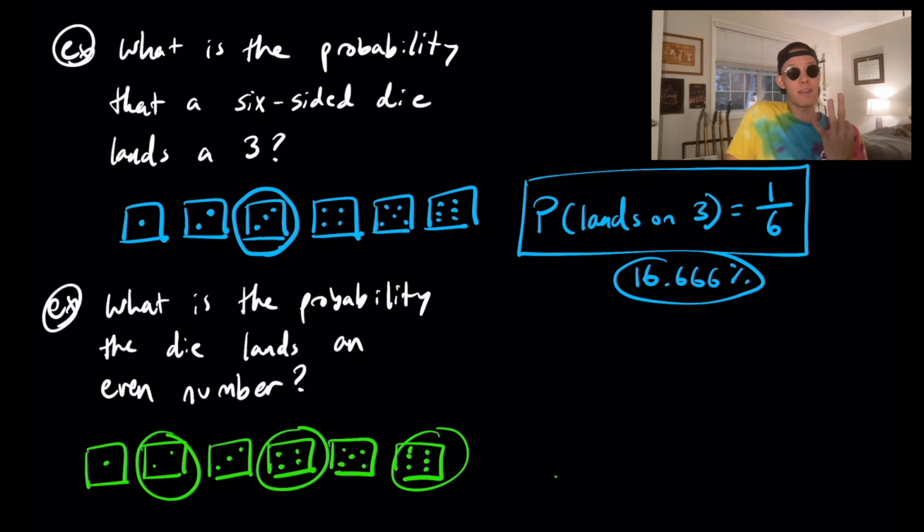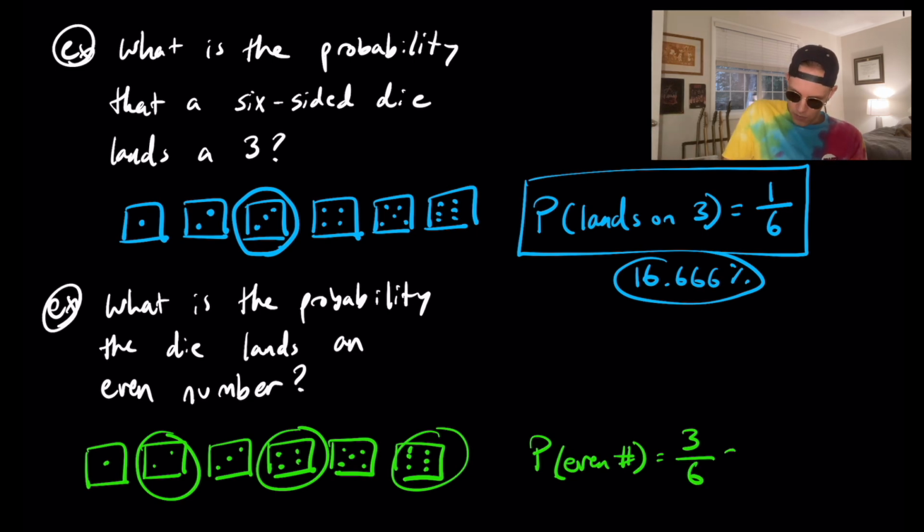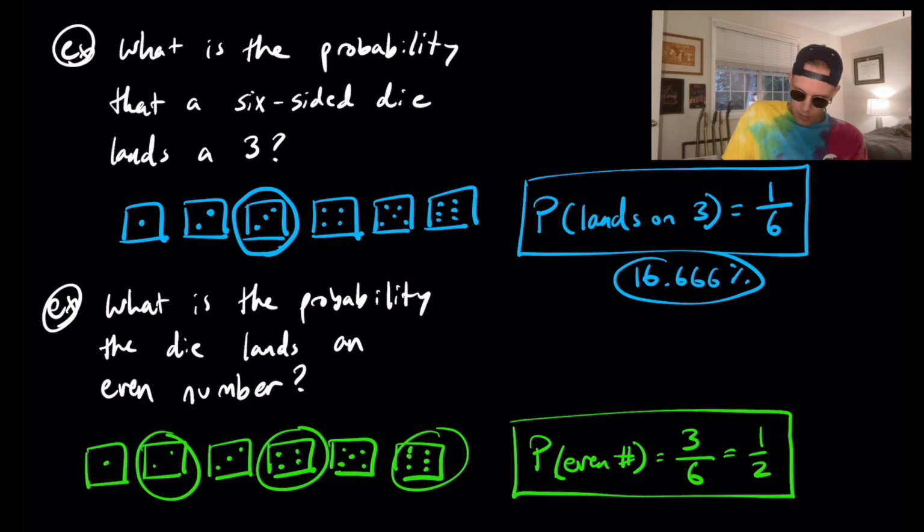So there's 3 favorable outcomes. So probability that we get an even number: there's 3 favorable outcomes out of 6 total outcomes, which we can reduce to 1/2 or 50%. So there's a 50% chance, or a 1/2 chance, that we're going to land on an even number.